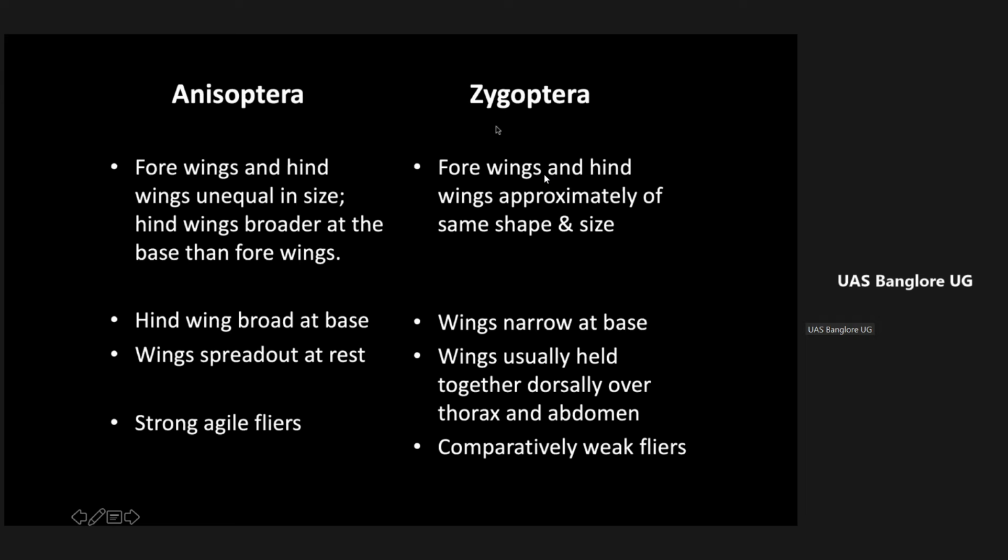Let us first look at the taxonomy. Anisoptera is nothing but your dragonflies. Zygoptera means damselflies. Please remember the two suborders, Anisoptera and Zygoptera. They will ask you a 2 marks question: differentiate Anisoptera and Zygoptera.